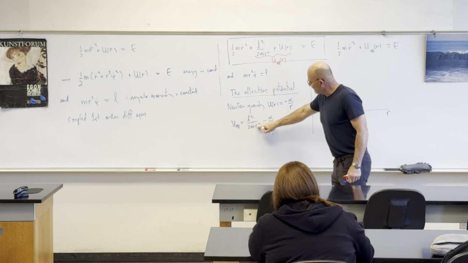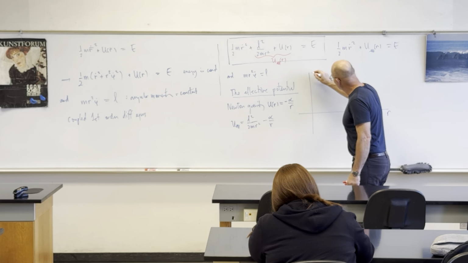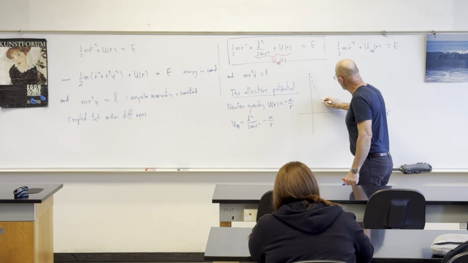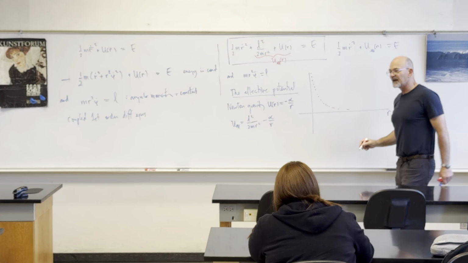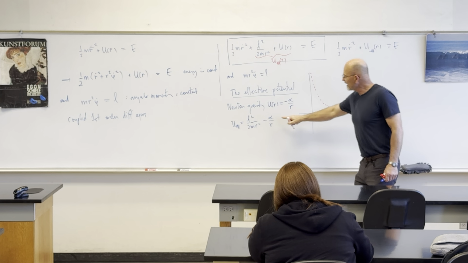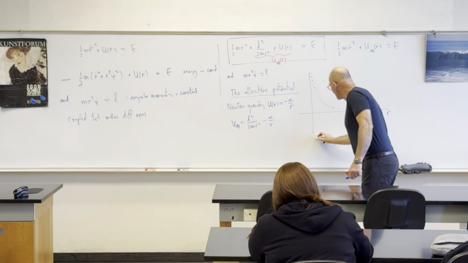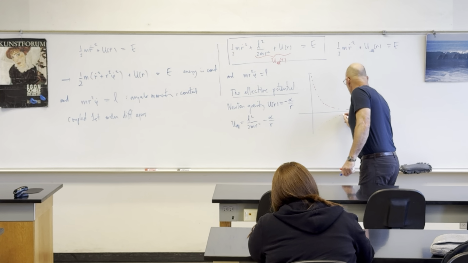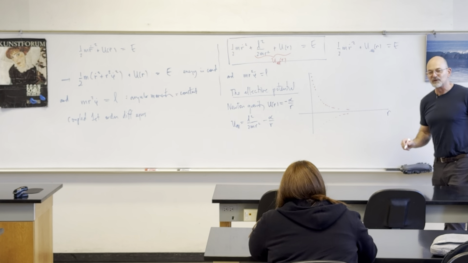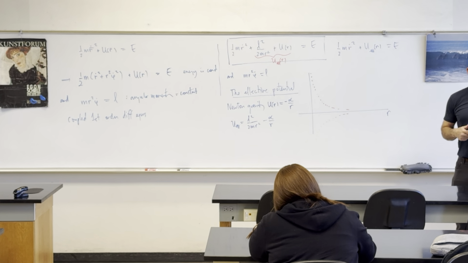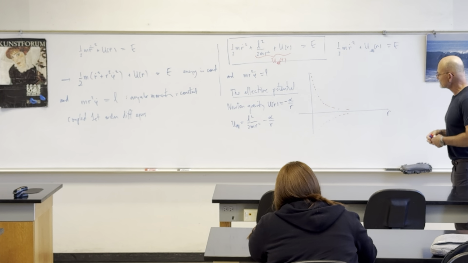And we just graph them individually. We have a 1 over R squared, something like that. And we have a minus 1 over R, which looks like that. So how do we add those two to get a reasonable result?